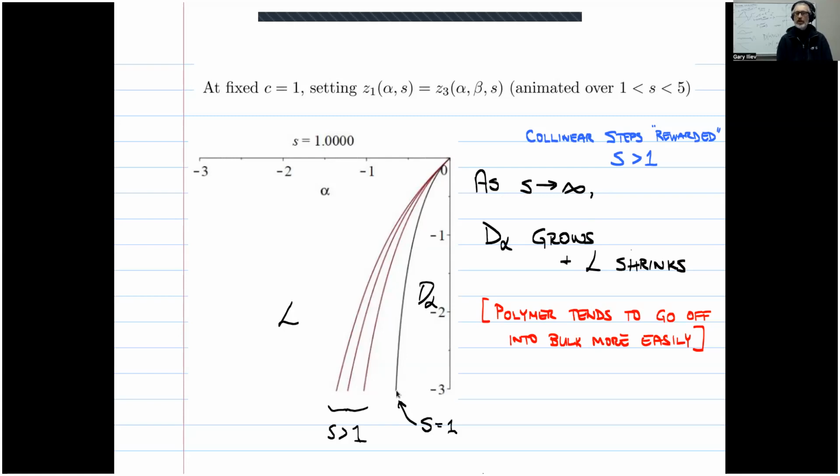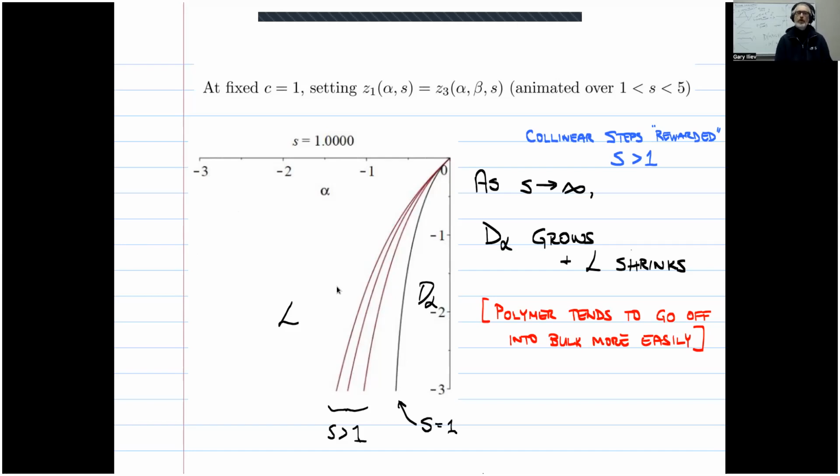And then as I increase S larger and larger, what I see is this phase boundary shifts and slides. I think this last value here is like S equal to 5. And the exact same thing happens with Z2 equals Z3. Instead, it slides down. There's a transpose here, something symmetric in the line alpha equals beta.